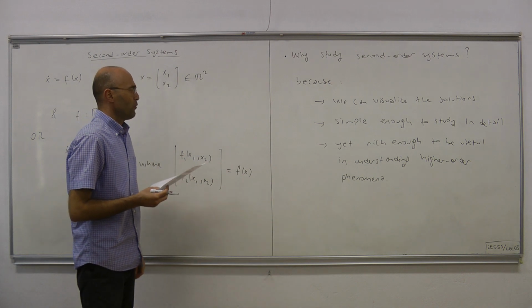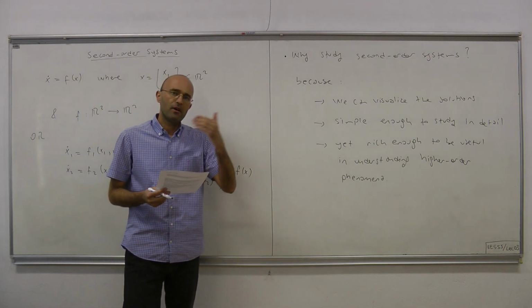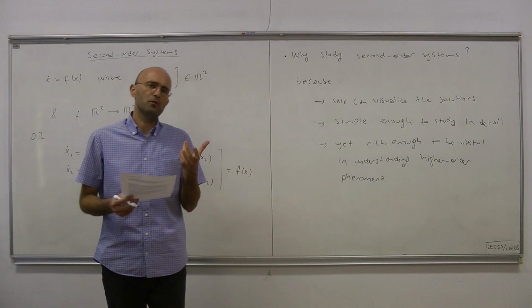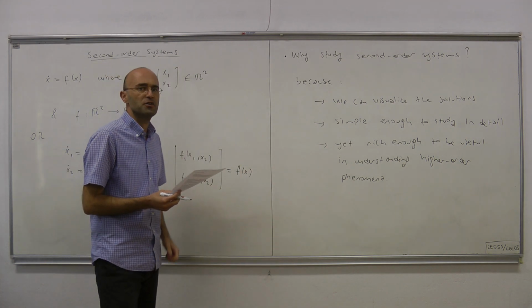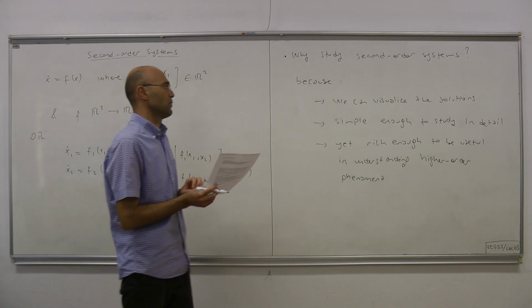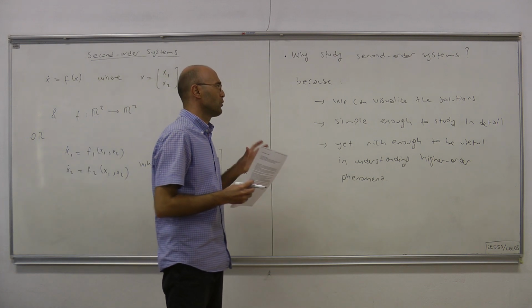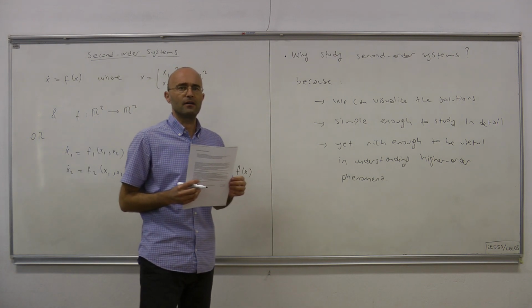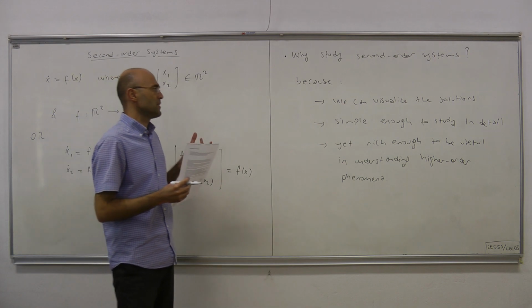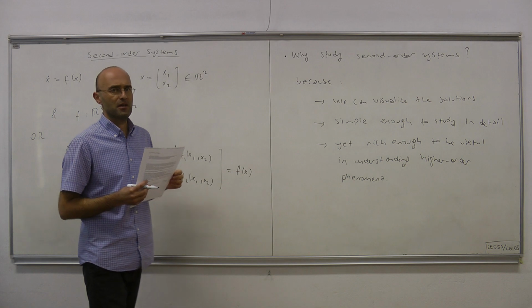So, under this title, we're going to see some examples, and we will get a rough understanding of what can be encountered with second order systems. We will also point out an important theorem that tells us certain things about second order systems, which is the Poincare-Bendixson theorem.